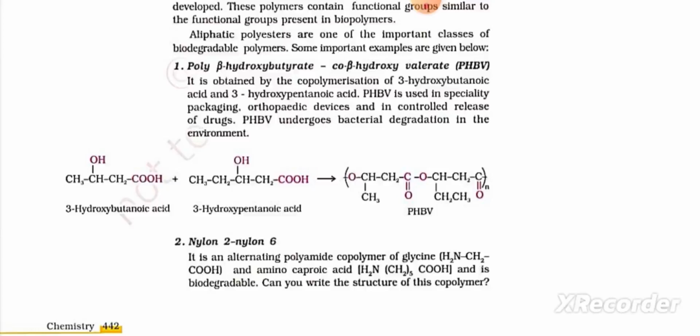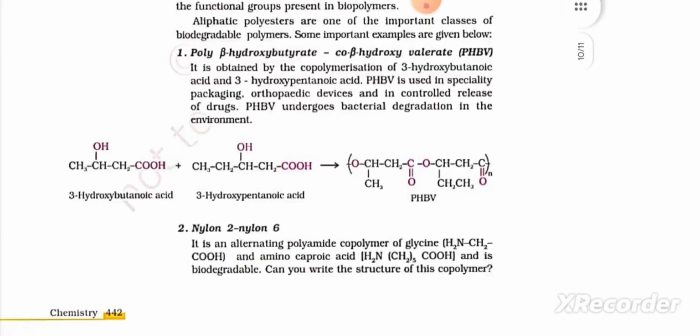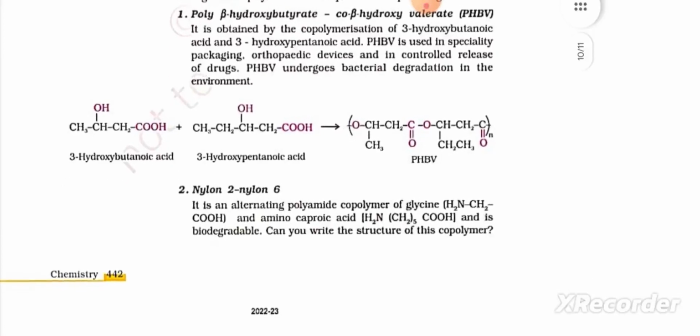It is obtained by copolymerization of 3-hydroxybutanoic acid and 3-hydroxypentanoic acid. PHBV is used in specialty packaging, orthopaedic devices and in controlled release of drugs. PHBV undergoes bacterial degradation in the environment.